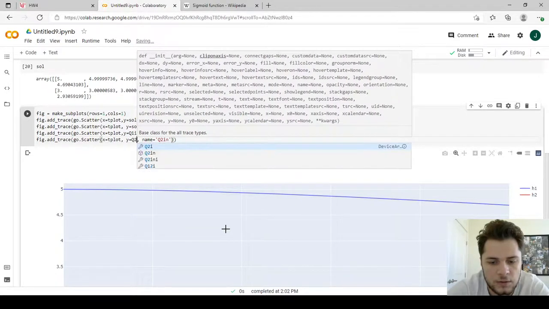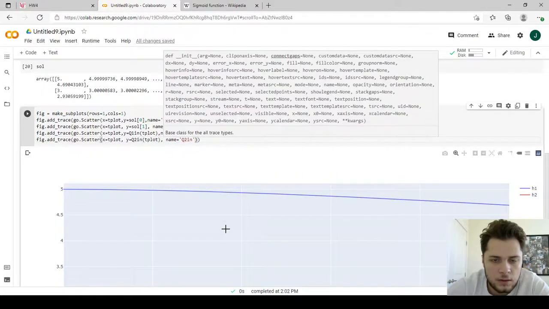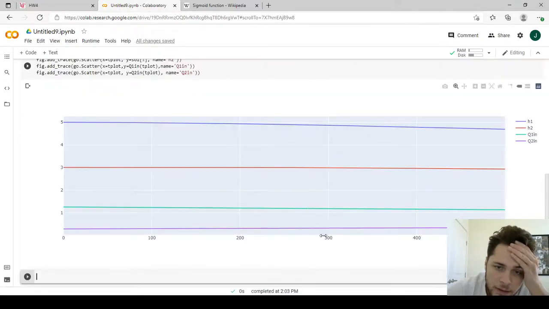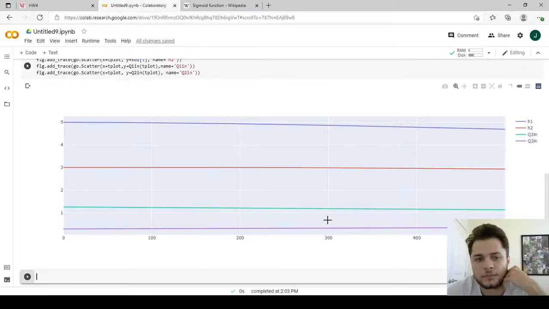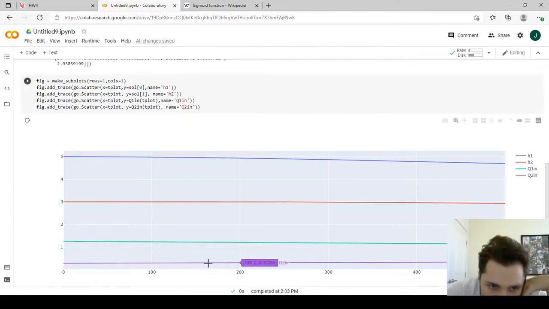Same thing for this, Q2N, tplot. Shift enter. There. It's kind of hard to tell if anything's really even happening, especially for these flow rates.